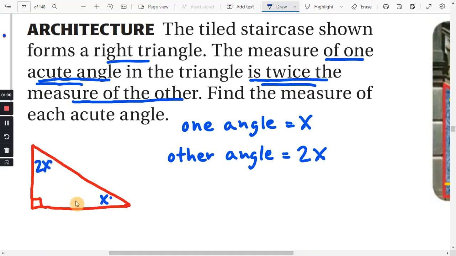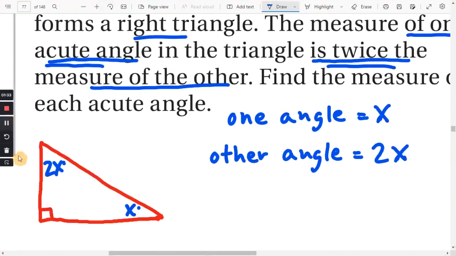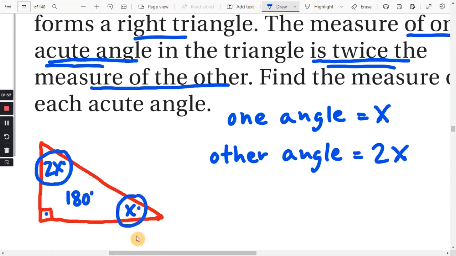Now we know all the angles inside the triangle. We know all the angles inside the triangle add to 180 degrees, all right? The whole triangle is 180 degrees, but this one here is 90. So that means that this one plus this one also has to be 90, okay? Because 90 plus 90 would give us 180.